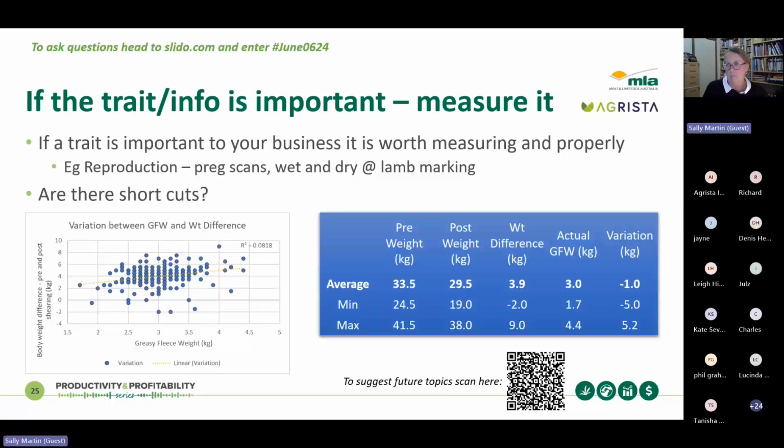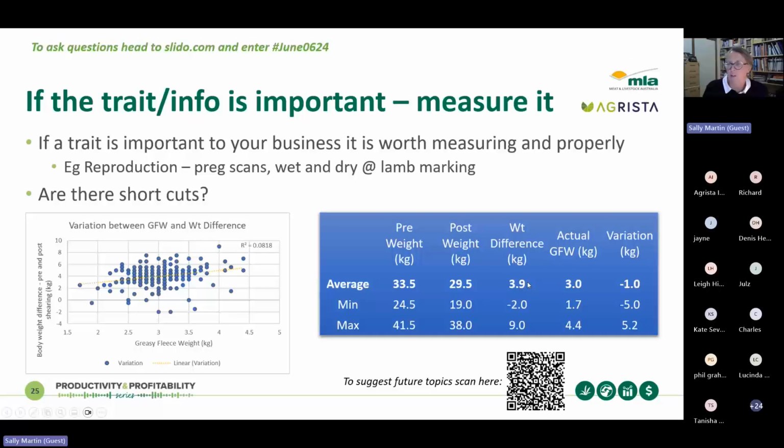And I've just popped this information into a table so you can have a quick look. The average body weight going in was 33.5, and coming out was 29.5. So we've got a 3.9 difference.